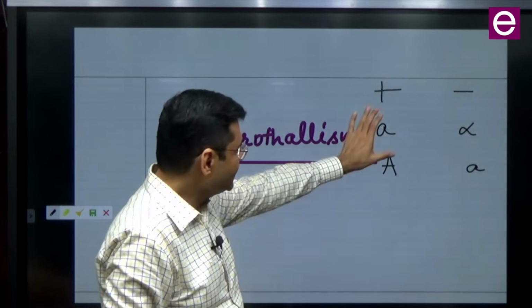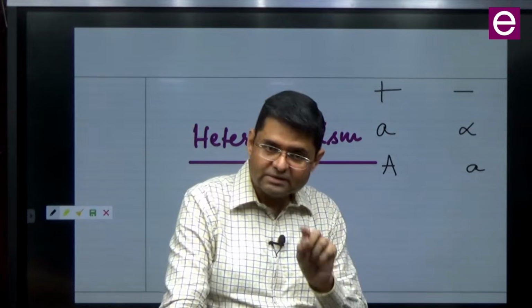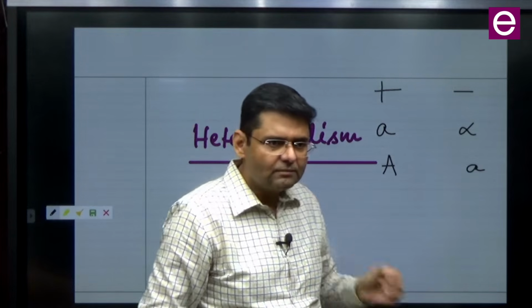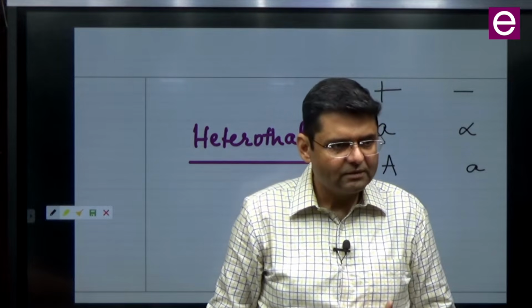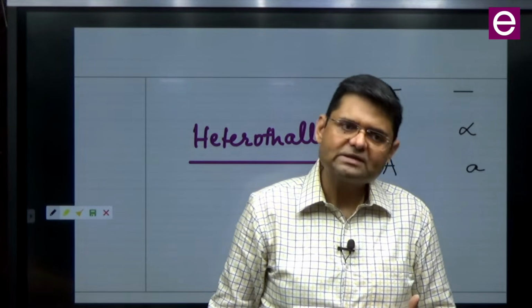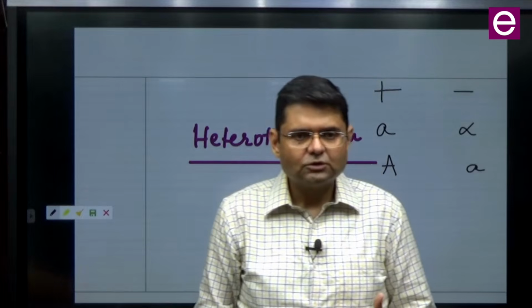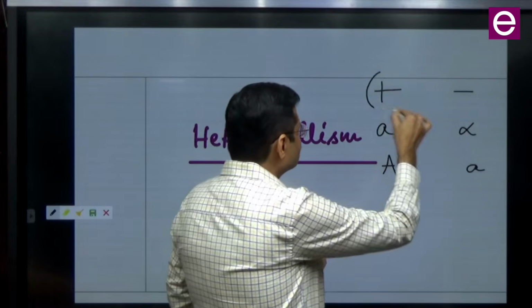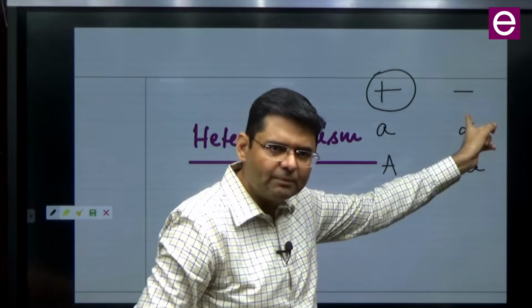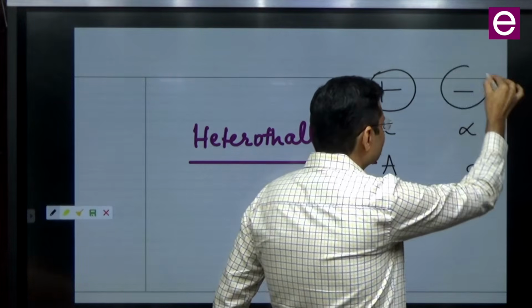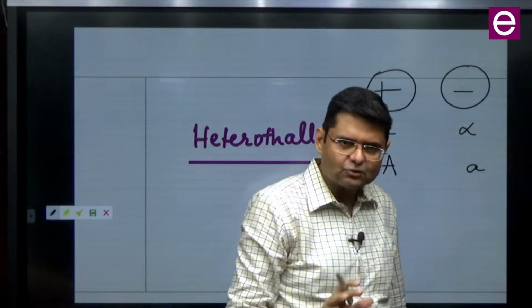So when it is controlled by a single gene, then a single gene will have two alleles. Allele, you all understand? Allele is a different form of the same gene. So one form is plus. If this gene is in the plus form, the fungus having this gene will be called plus, and if the gene is in the minus form, it will be called the minus one.